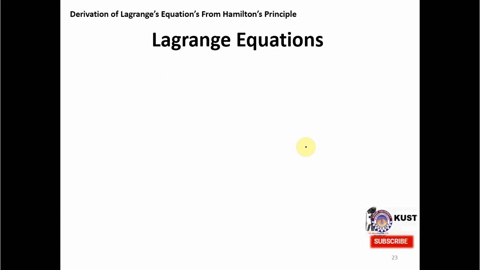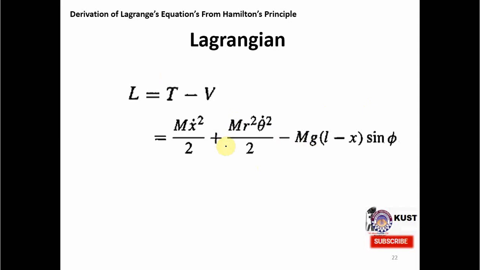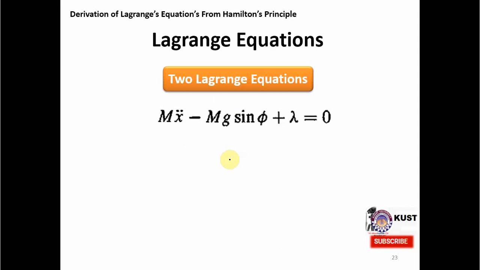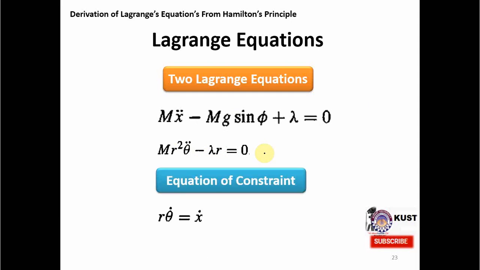If you do the variations over here with respect to x and theta, because these are your generalized coordinates, you will get this equation of motion and another equation of motion. We have two equations of motion because you have two variables, and then the equation of constraint.